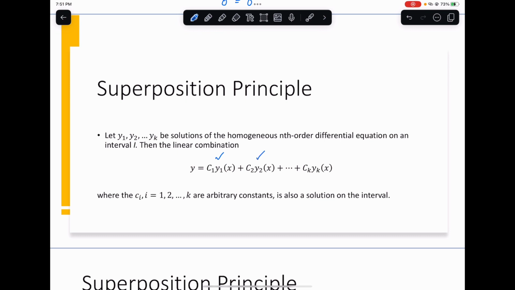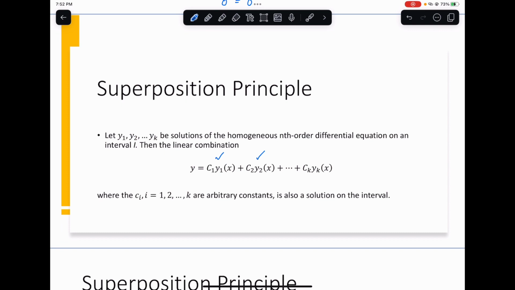And then for the second solution, we attach the second arbitrary constant, up to the kth arbitrary constant for the kth solution. The linear combination of all the solutions of the differential equation can then be classified as the general solution, collectively known as the general solution of the higher order differential equation.